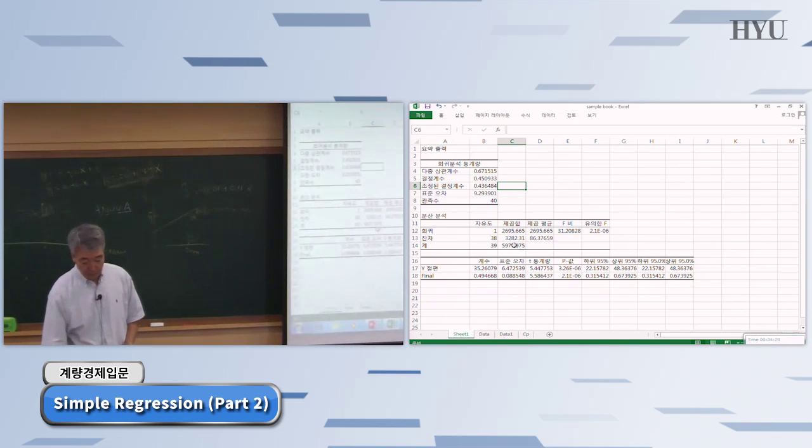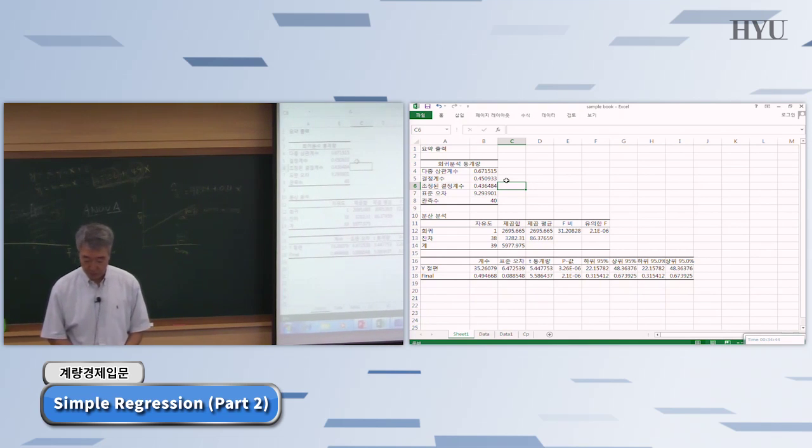If you actually calculate that, you're going to get right here 0.4509. Again, sorry about using the Korean version of Excel. In the English version this would say multiple R, and this is R square, and this should say adjusted R square, and this is the standard error and the number of observations.